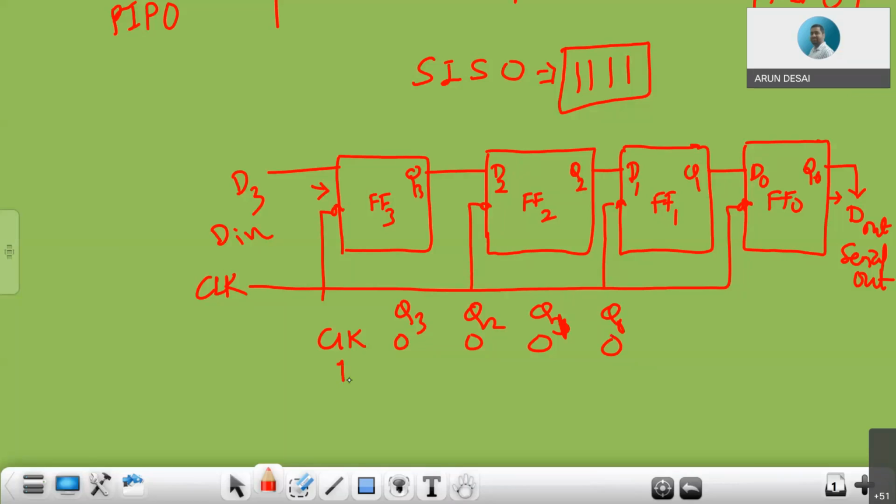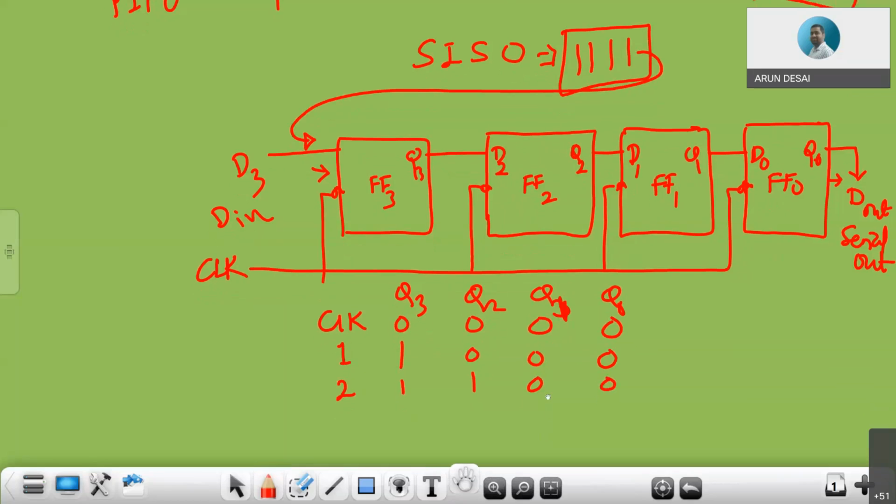When we assign the first clock pulse, this 1 is assigned to this flip-flop, right? So 1 is first, all others are 0. In the next clock pulse, this 1 is there, and again Q3's 1 is assigned to D2, and so on.